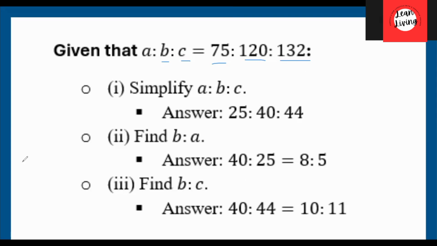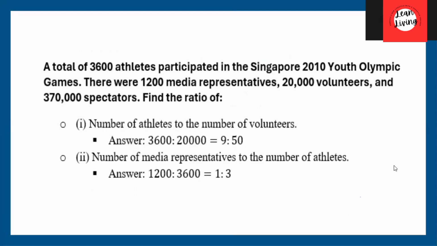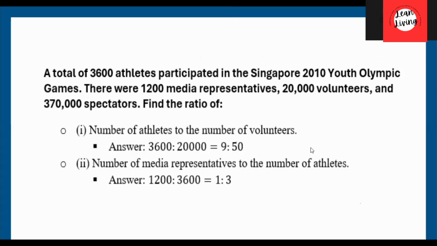Okay. Next, we are having this question which could be important from your paper point of view as well. For example, if you are having a total of 3,600 athletes that have participated in the Singapore 2010 Youth Olympic Games, there were 1,200 media representatives, 20,000 volunteers, and 370,000 spectators. Find the ratio of the number of athletes to the number of volunteers.